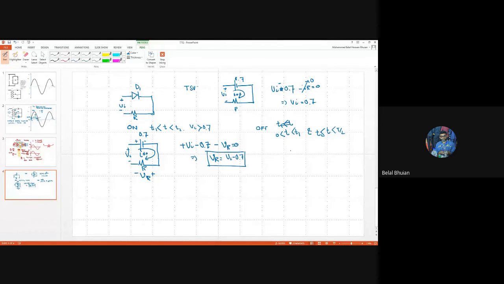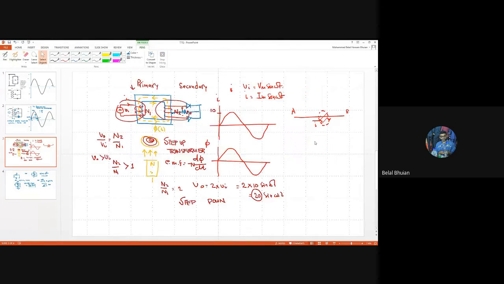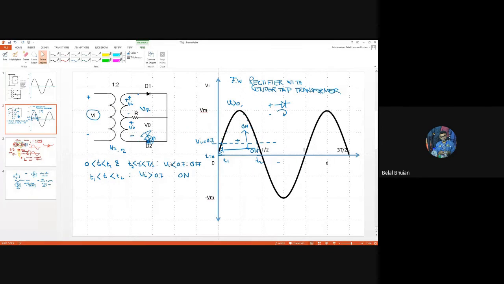In that case, the diode is off, which means we can replace the diode with an open circuit. So the current I is 0, which means VR is equal to 0.